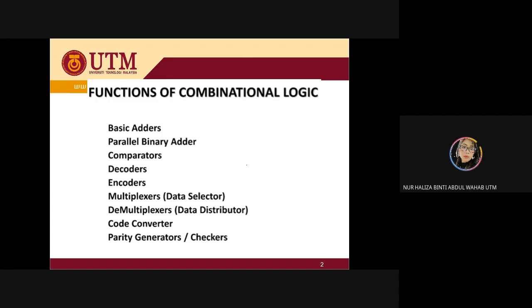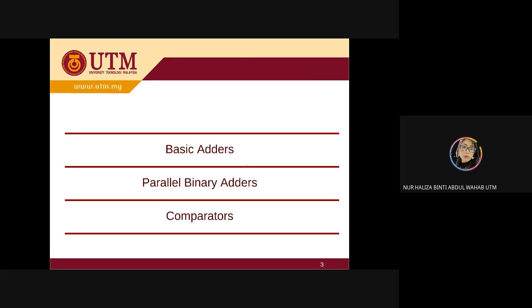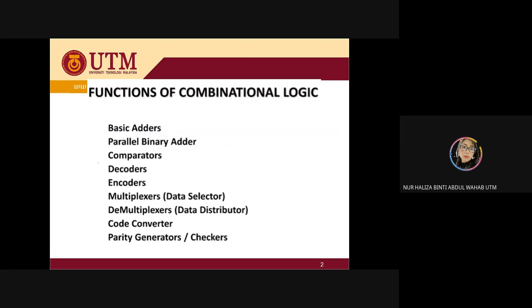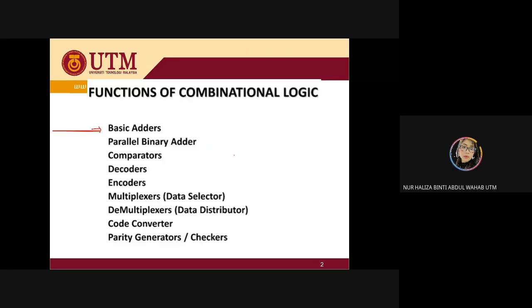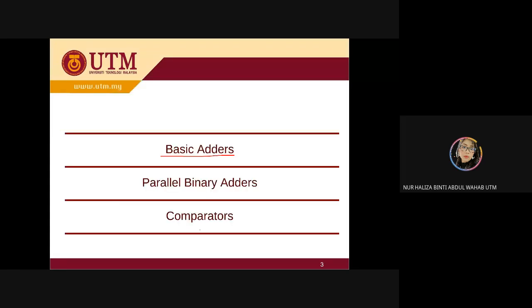In your module 6, what you're going to see first of all is the basic adder. Under adders you also cover the parallel binary adder, and lastly a comparator. This is related to adders.